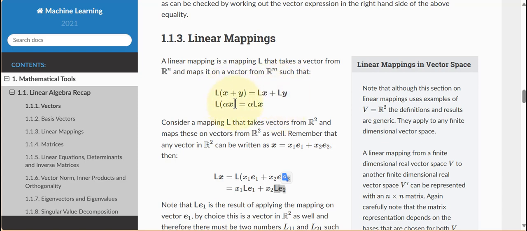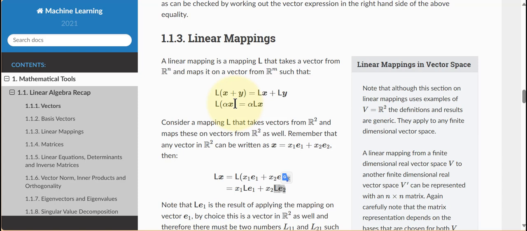We saw earlier that not all operators, even functions from R1 to R1, are necessarily linear. I gave you the example of x plus 8. You would think that's linear, but it's actually not linear. But anyway, some operators are linear.